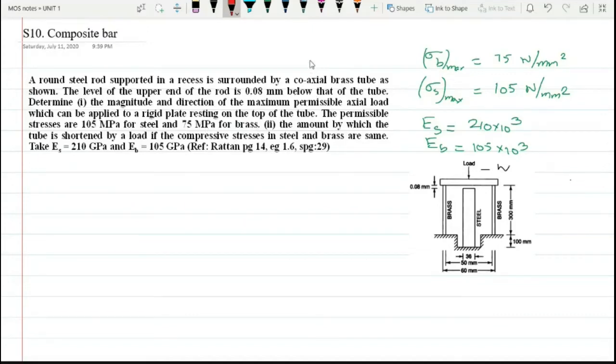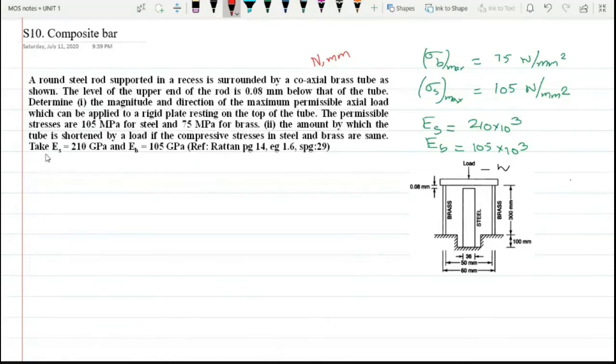So this problem I am going to solve in Newton and mm. I am converting everything to Newton and mm. So 75 megapascal is 75 Newton per mm square. Similarly, 105 megapascal is 105 Newton per mm square. So we identify the values which are given.